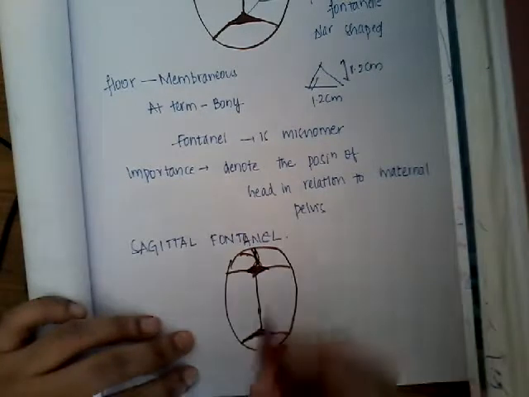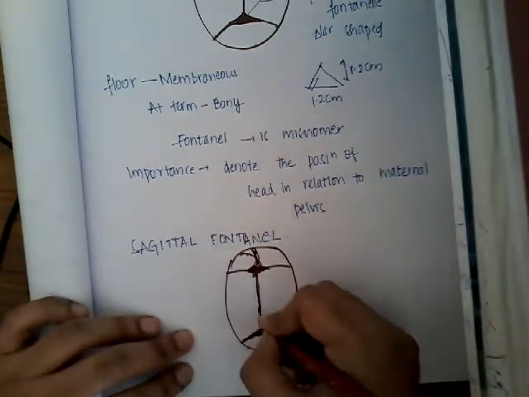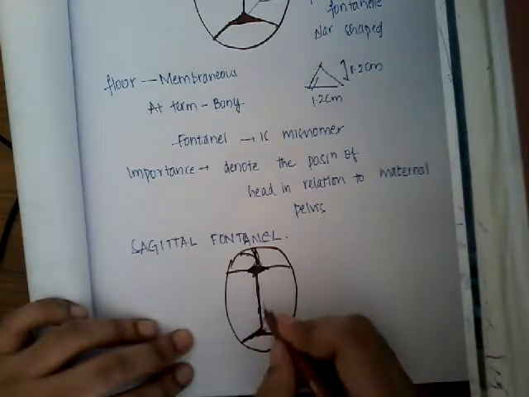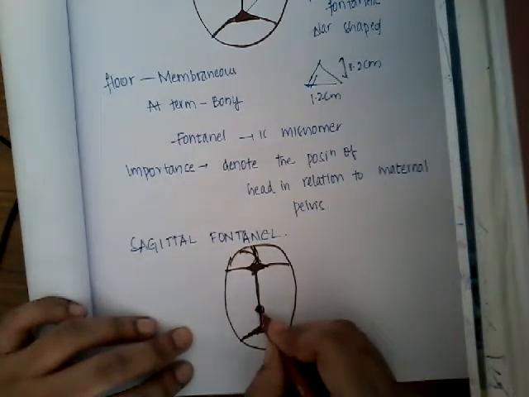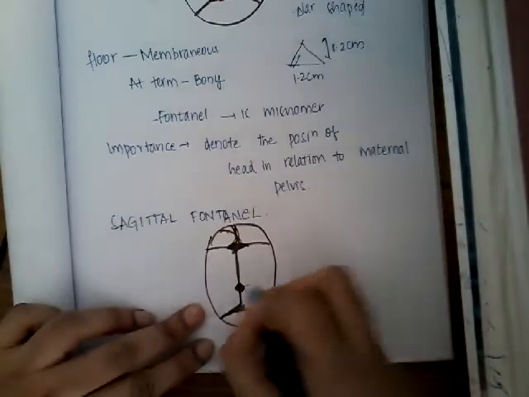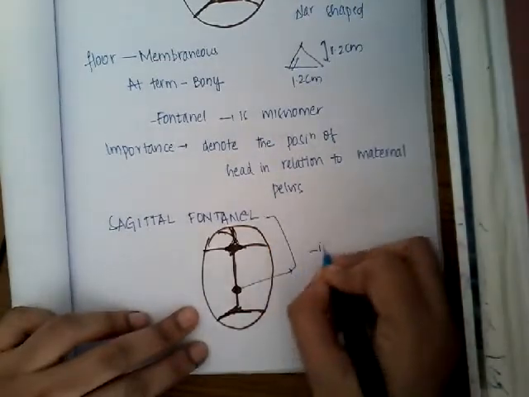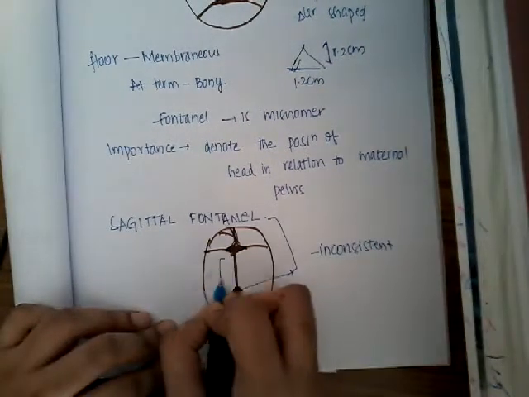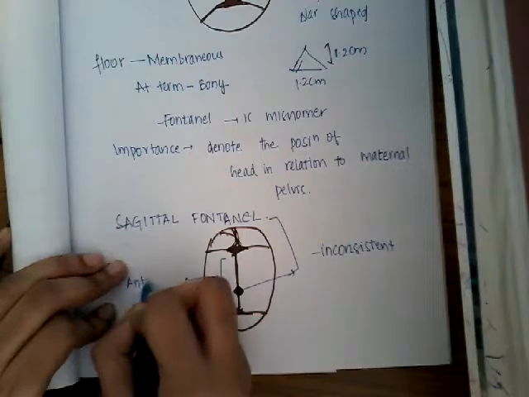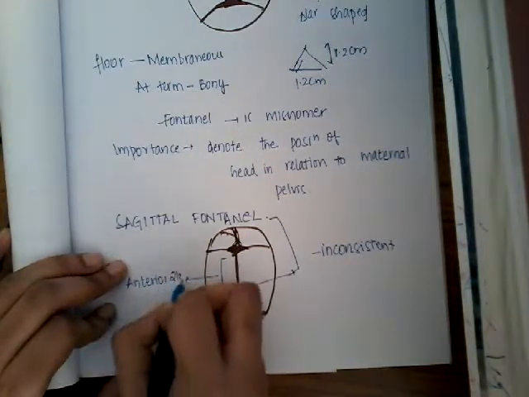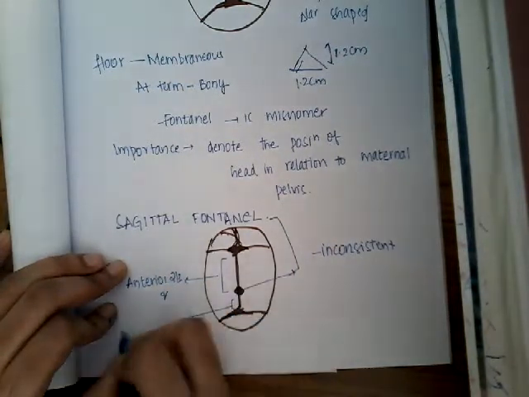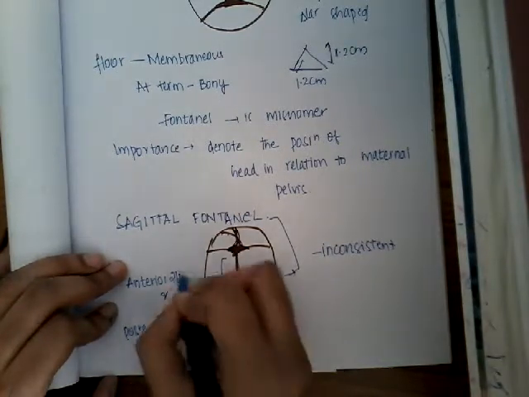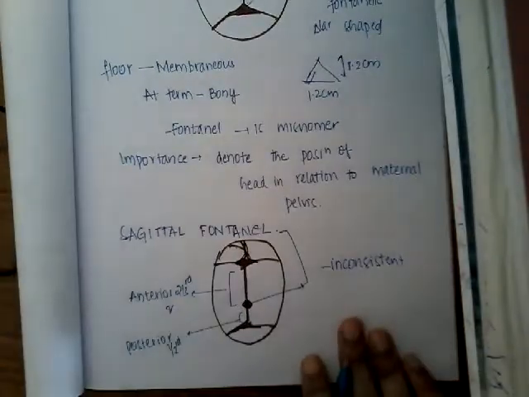It is present in the sagittal suture, at the junction of the anterior 2/3 and posterior 1/3, somewhere here. So this is called the sagittal fontanelle.